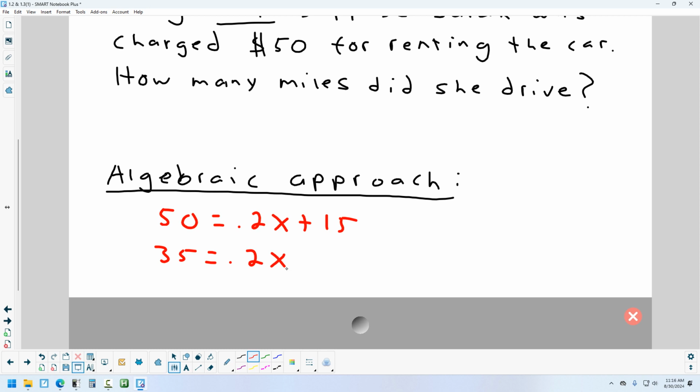So instead of dividing by 0.2, I could multiply each side by what? Is it 20? No, 0.2 times 20 wouldn't cancel out and become 1. We're trying to cancel out that 0.2 so it turns into a 1. 5, yep. So multiply each side by 5.